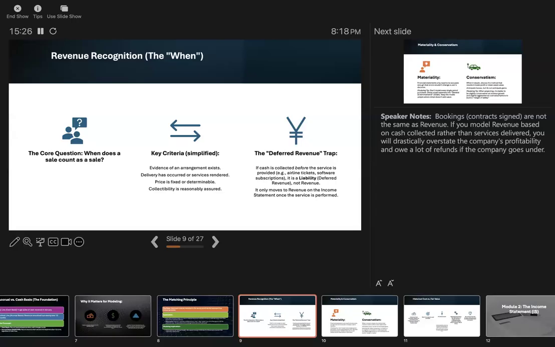Then you know that revenue has actually been recorded. You need to appreciate that there are standards for most of these important elements that we are discussing today, like revenue. In IFRS, we have a standard that guides us on how revenue must be recognized.